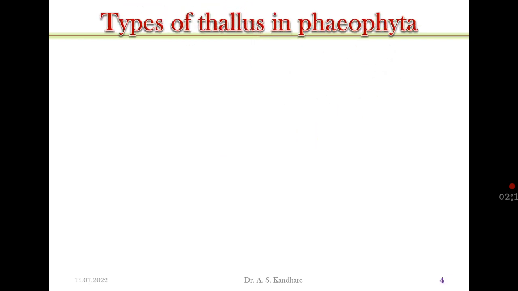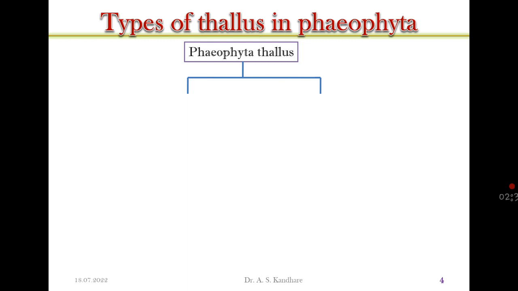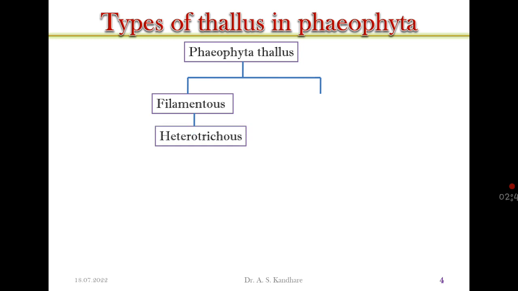Now, types of thallus in Phaeophyta, isn't it? In brown algae, what kind of different thallus occur? So these are different thallus. Filamentous thallus, this is a common type of thallus which is found in Phaeophyta.